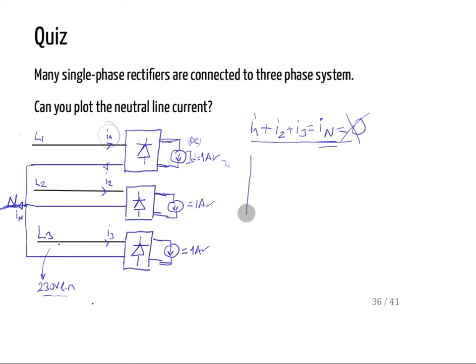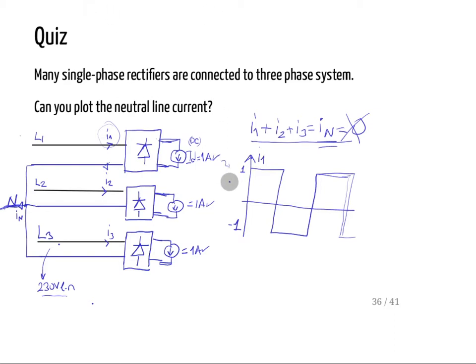Let's say I1 is equal to a square wave. The magnitude is 1 amp, and you will have minus 1 amp. I2 is 120 degrees shifted from that one, and I3 is 120 degrees shifted from the other one.